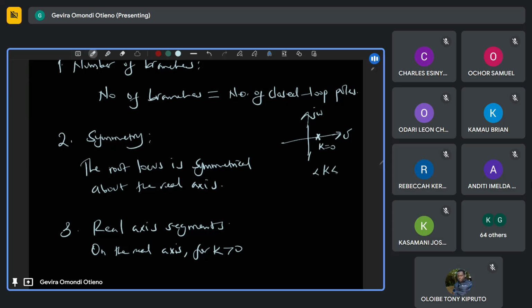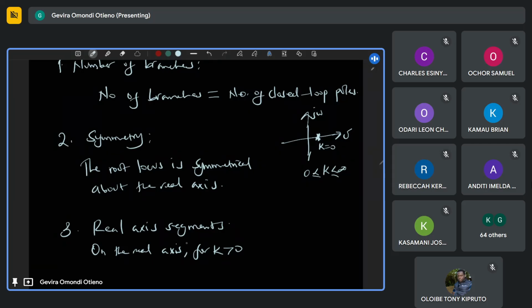So, at the end of the day, it means that where the pole begins its journey, the gain at that point is considered to be 0.